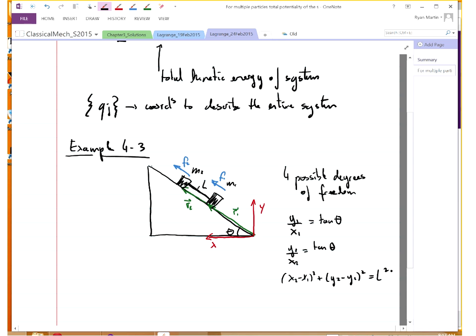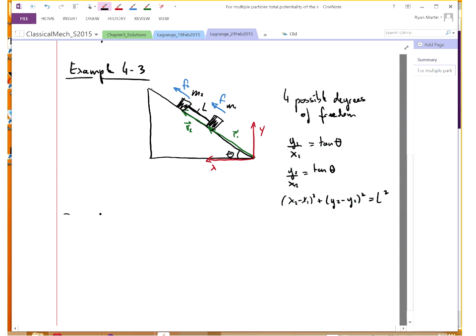So basically the blocks are separated by a fixed distance L. So there's only really one degree of freedom. So I only need one scalar to completely describe the system, and I can choose something.